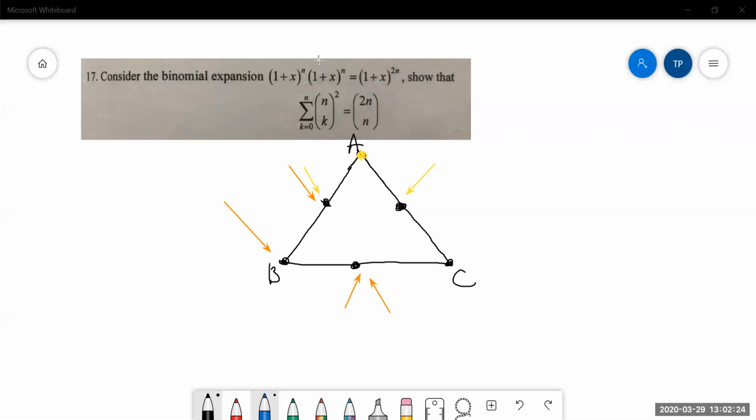So basically, we can choose any 3 points to form a triangle, but there's some scenarios where there are some points we cannot choose, which is we cannot choose any points on the same line. We cannot choose all 3 points on the same line. We cannot do this.